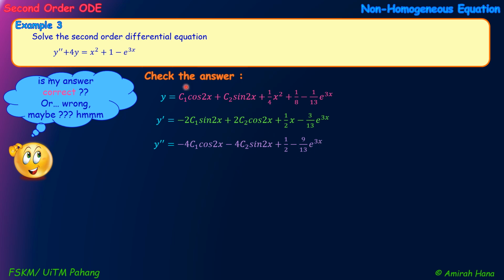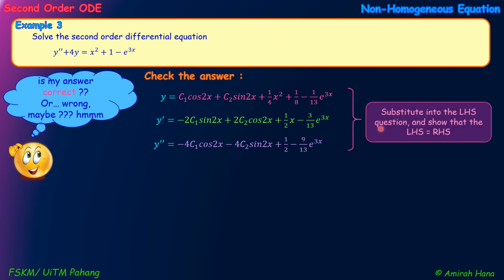Okay. So after we find y prime and y double prime, we substitute into the left hand side of the question. Okay, and we need to show that the left hand side equals the right hand side, because if we show that, it means that the final answer is correct.